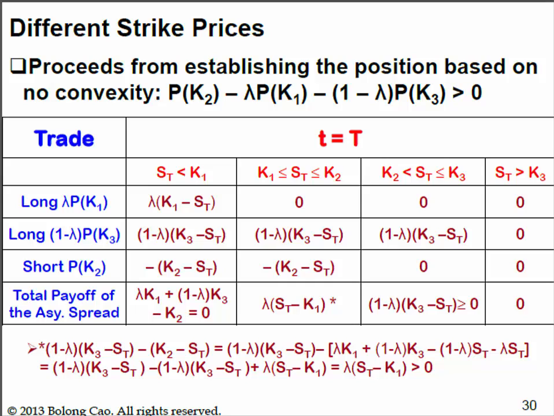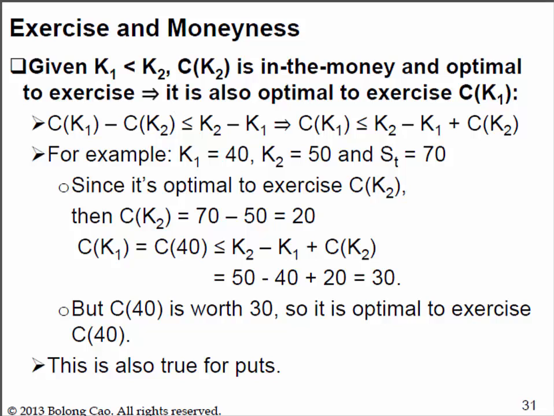In the textbook, the author actually gave you 2 numerical examples with more numbers for the same arguments, okay, for both call options and put options. Now let's look at one numerical example using the inequalities we have discussed before.